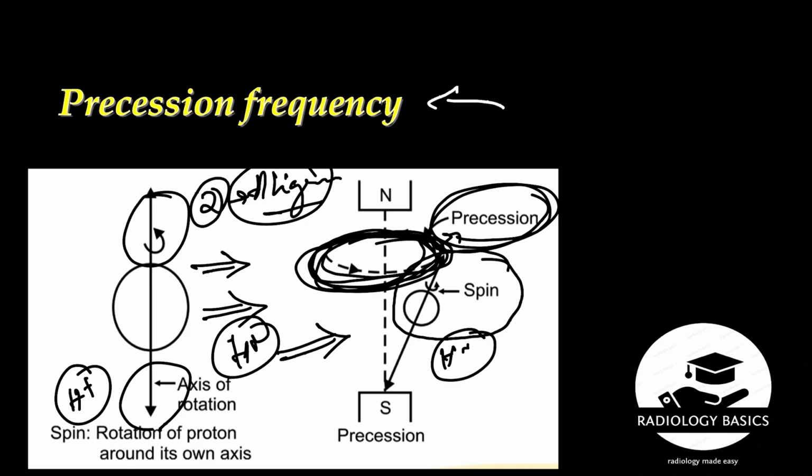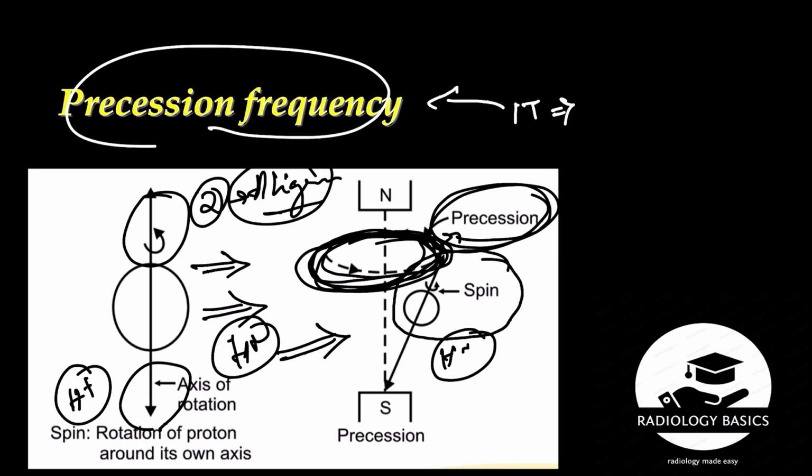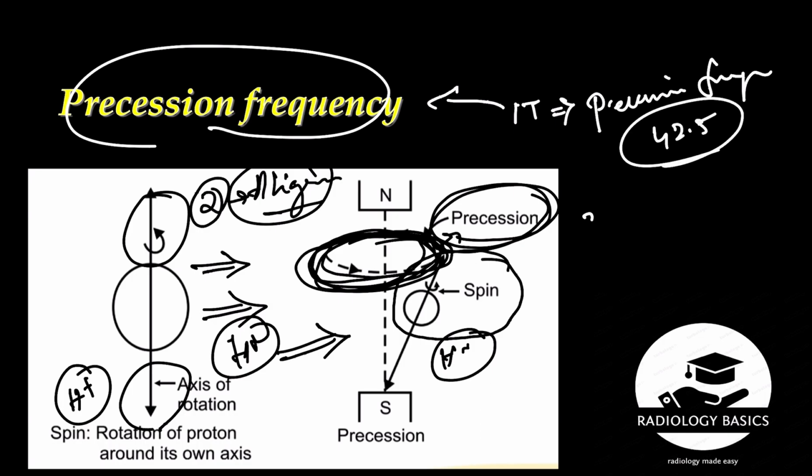This precession frequency is very important. Let us consider a 1 Tesla machine. In a 1 Tesla machine, the precession frequency will be around 42.5, whereas in a 2 Tesla machine, it will be around 63.5. How does it come?